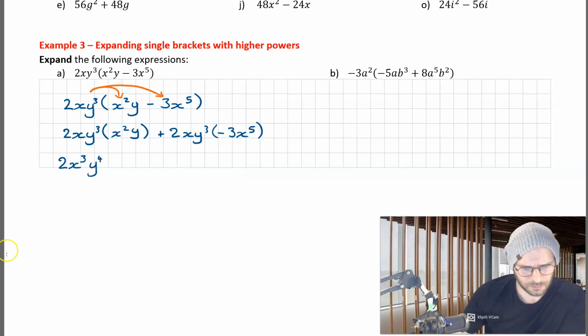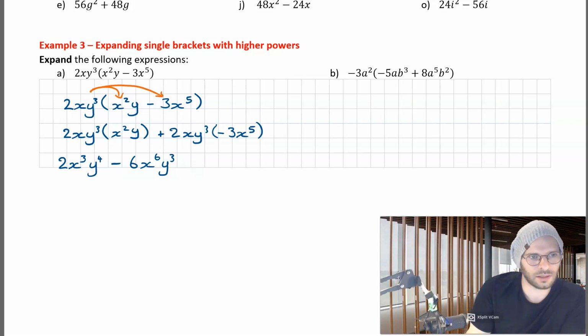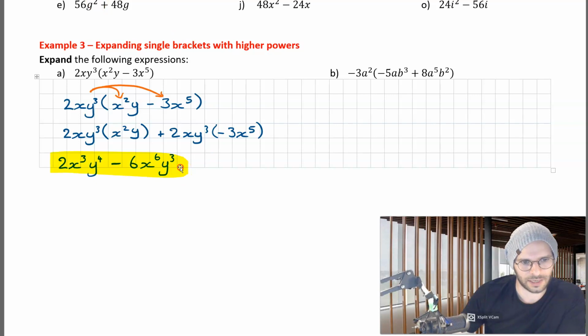Next term, you can see there's a 2 and a 3, that's going to be 6, but one's negative, so it's -6. Then you've got x to the 5, y to the 3. Because there's two types of x's, it becomes x to the 6, y to the 3, or y cubed. And thus we complete part A of example 3.